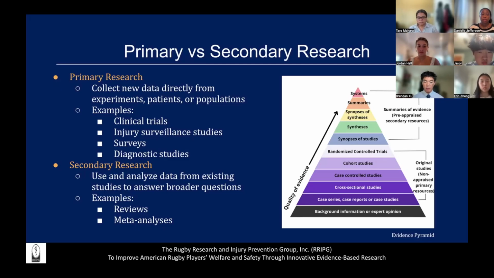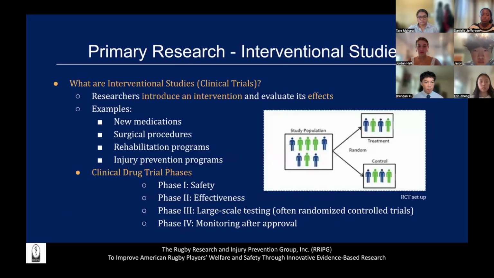If you go to the clinical drug phases slide, right there, it shouldn't be just clinical drug trial phases. This is probably the phases for every research project that you could do or implement upon populations.